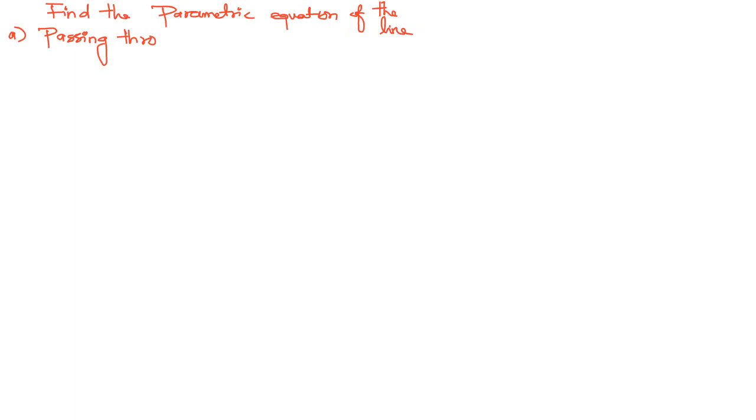For example, find the parametric equations of the line that passes through the point (4, 2) and is parallel to the vector v, which is equal to (-1, 5).